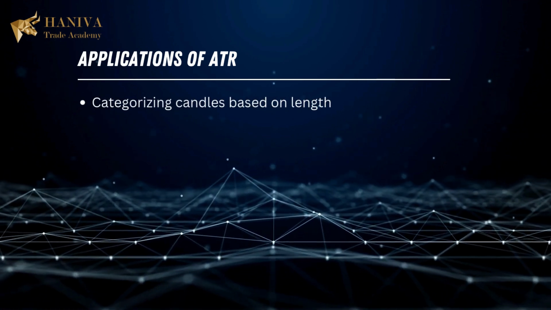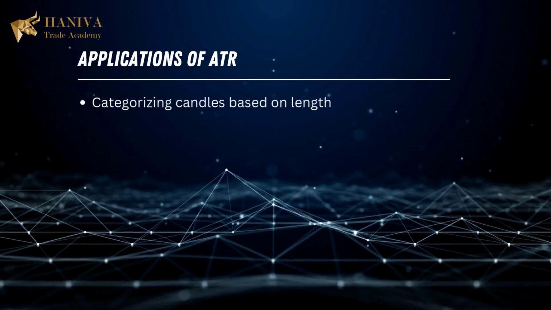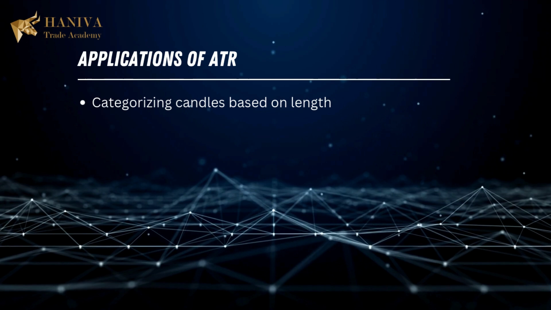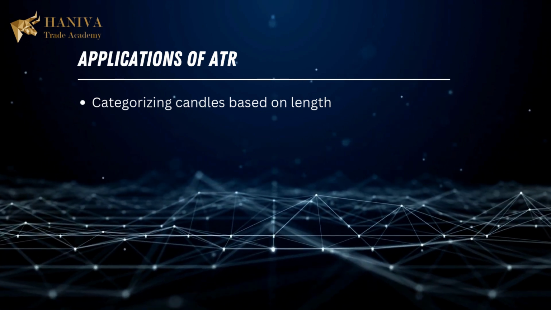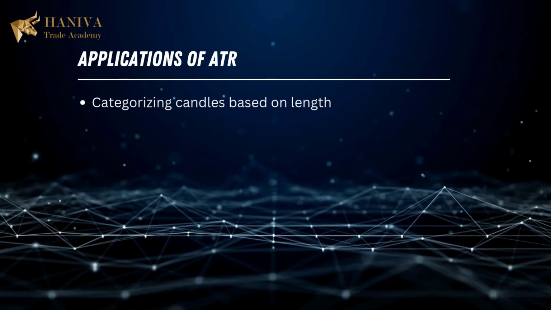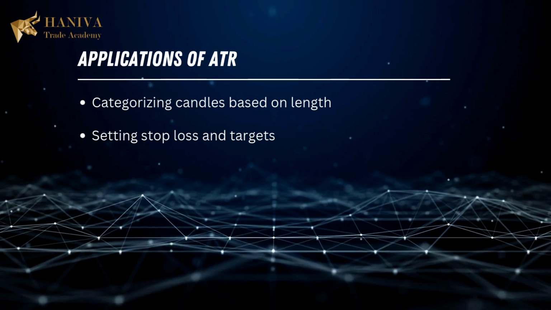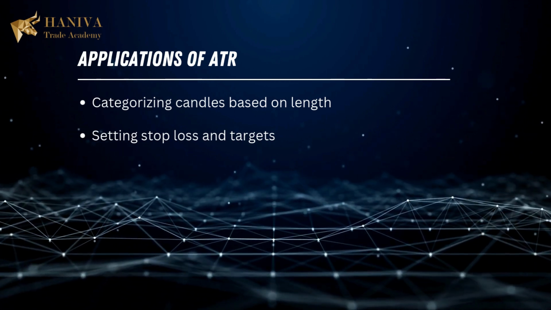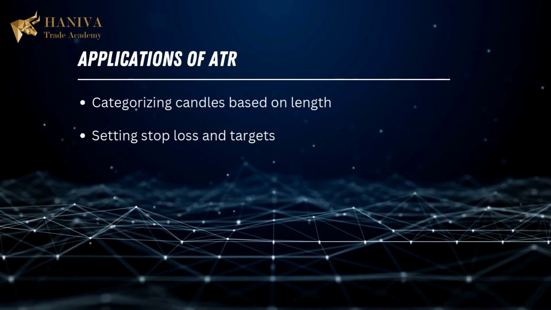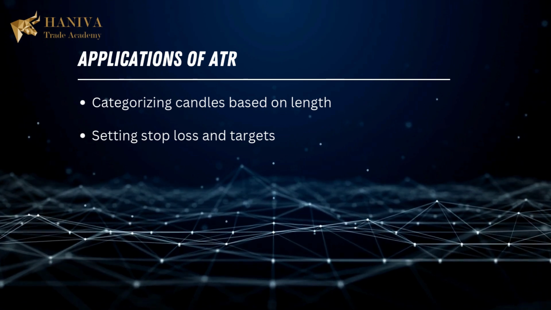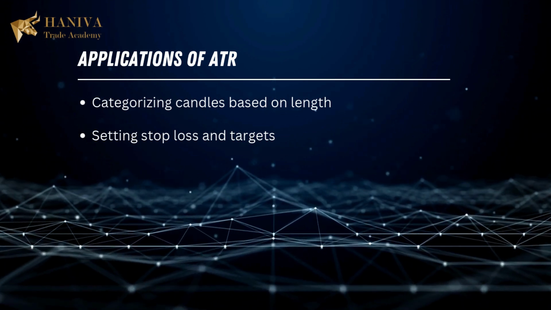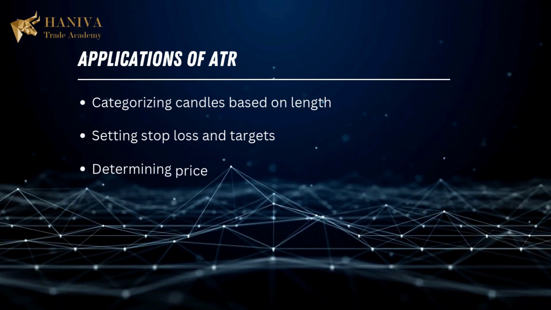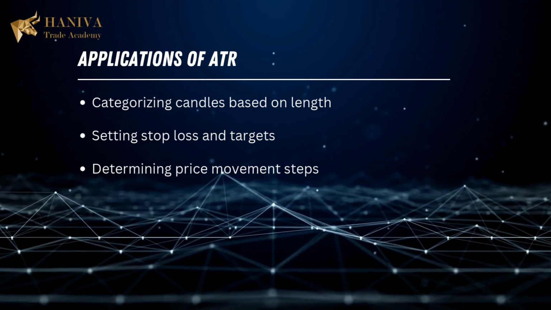Categorizing candles based on length. In the future, based on this categorization, we will find suitable trading areas within the candles. Setting stop loss and targets. Based on the expectations we have for price movements in each time frame, we consider logical stop loss and targets for our trades. Determining price movement steps.